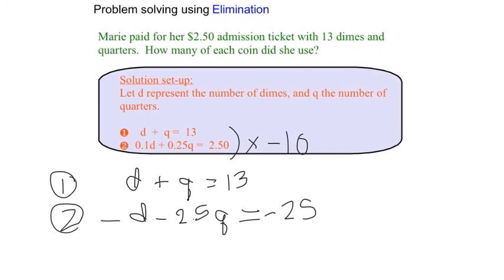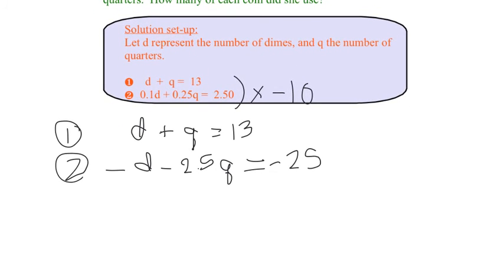And now, here's where the magic happens. Here's where I'm going to use elimination. And if this doesn't blow your mind, I don't know what will. The strategy is to try to eliminate one of the variables. In this case, I'm going to eliminate the D's.